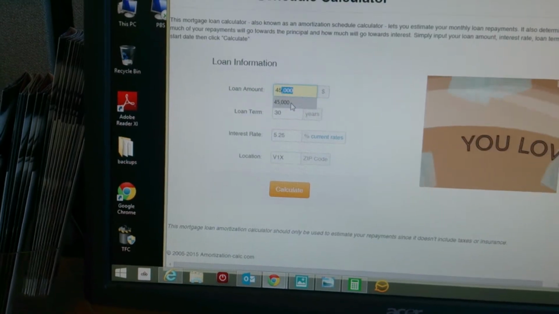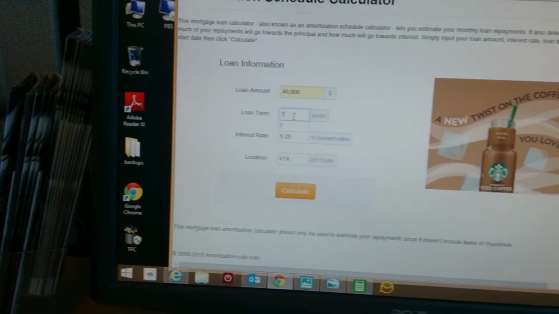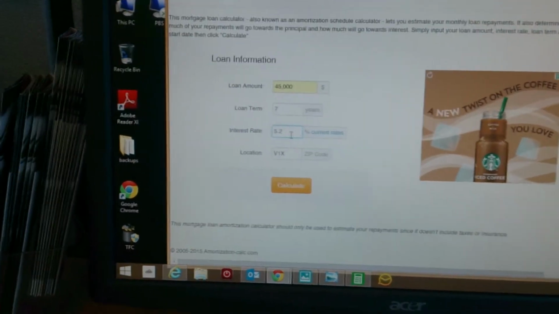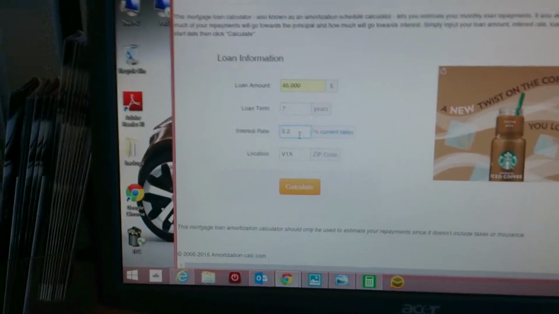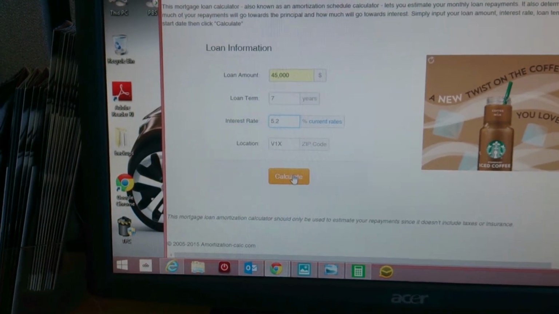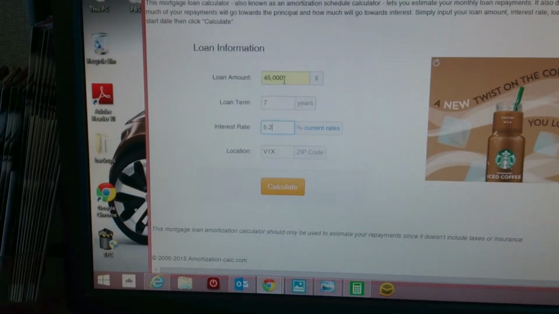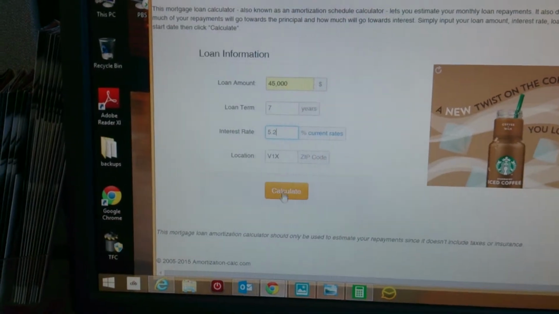So for instance, my loan amount is $45,000, my term was 7 years, and my interest rate is about that. Make sure you've got all of these facts here: your total loan amount, the term, and the interest rate.